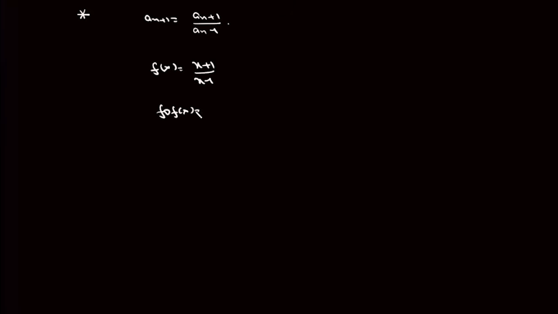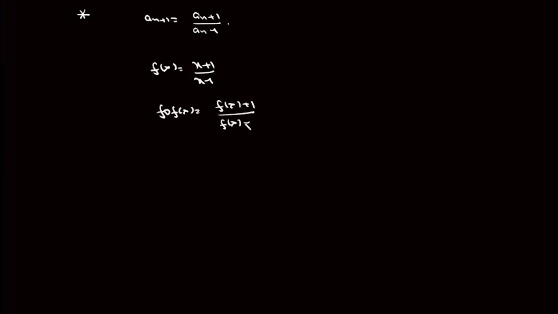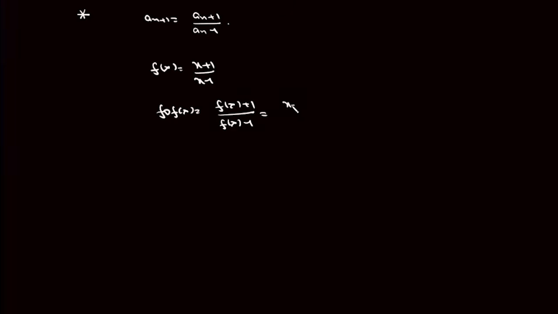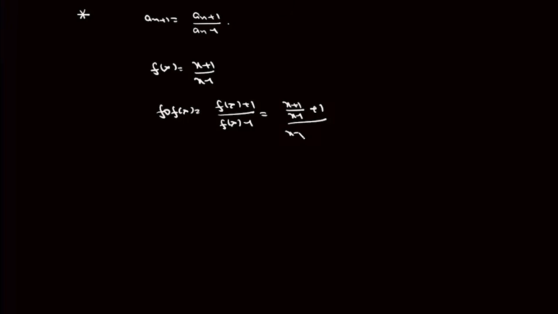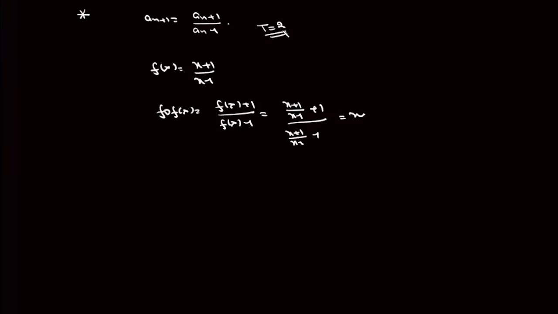Now f of f(x) will be (f(x) + 1) / (f(x) - 1), which is (x+1)/(x-1) plus 1, and (x+1)/(x-1) minus 1, which is simply x. So this sequence is periodic with period 2. Now generally these functions have periods 2 or 3 or 4, and we'll discuss it in detail in functional equations.